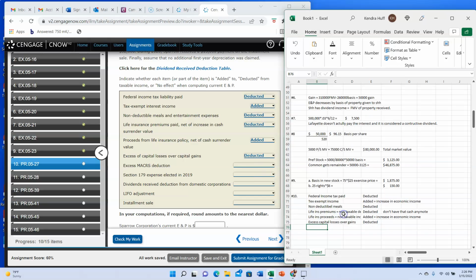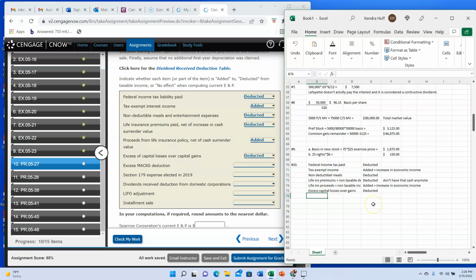Next, excess modified accelerated cost recovery. All right, this means that our tax deduction was higher than our book deduction, so we get to add that back.